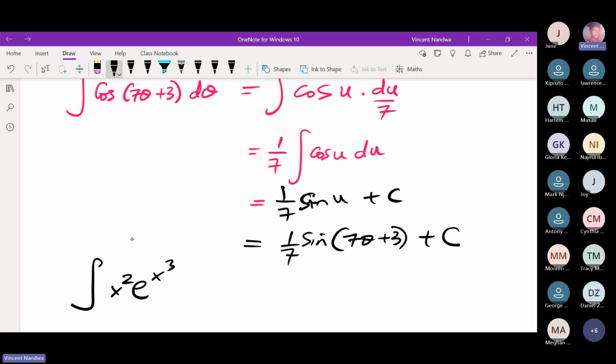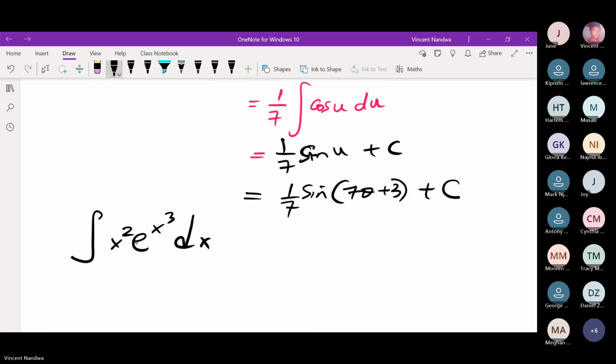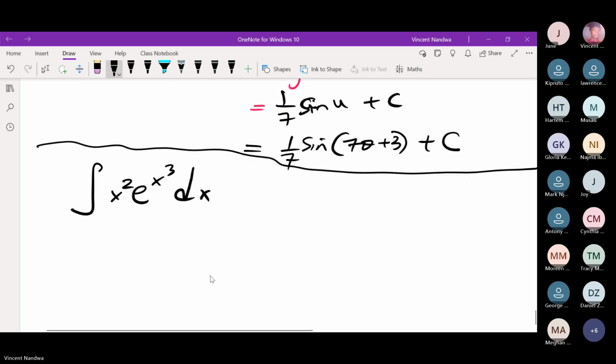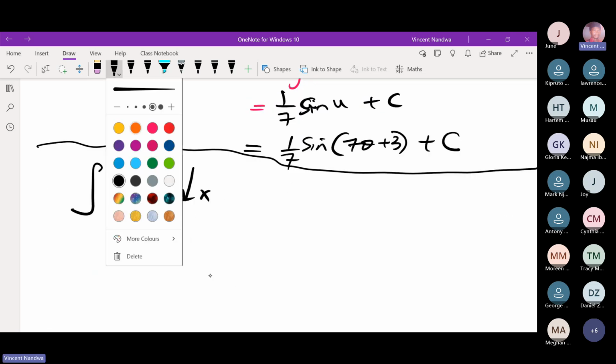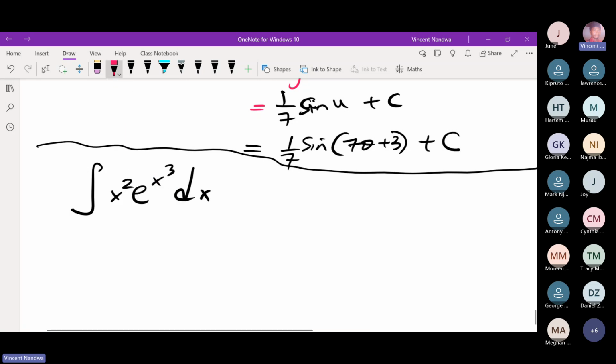Then this other one, what will be the best choice of u? You should actually be very smart when you are using substitution method. What you fix to be u, remember that you need to differentiate it.